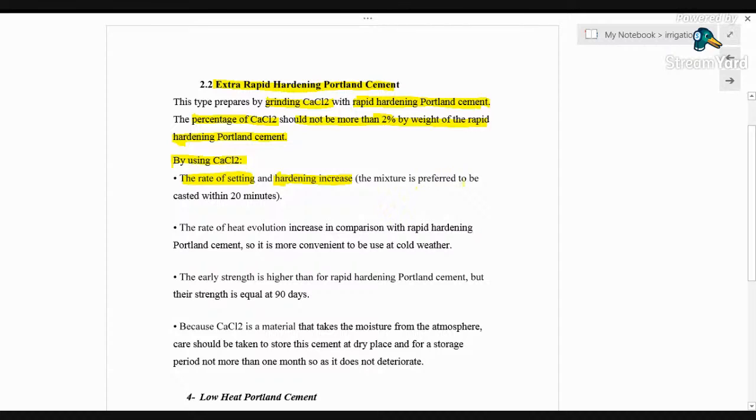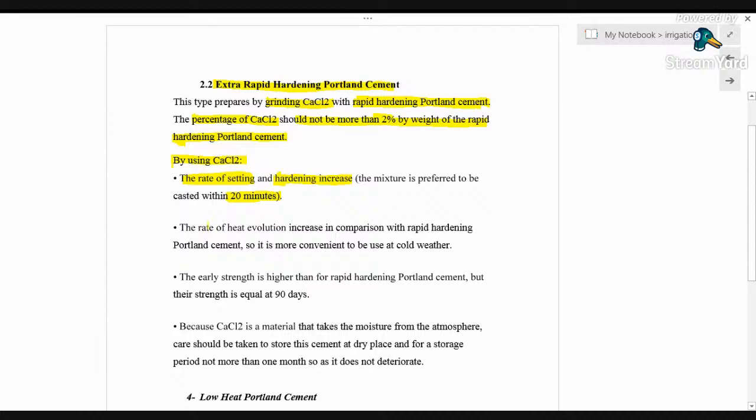So the mixture is preferred to be cast within 20 minutes, because if you delay the casting of the mixture, then it will set. The setting time is very quick, so we have limited the casting of this mixture to 20 minutes, not more than that. And the rate of heat evolution increases because here again we are grinding rapid hardening cement and adding calcium chloride into the cement.